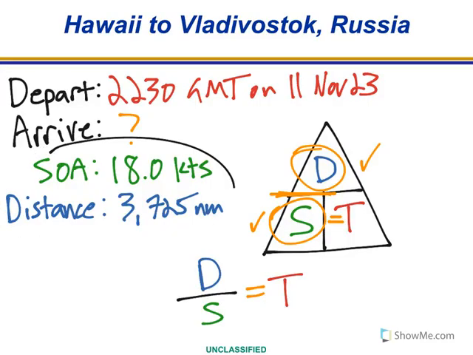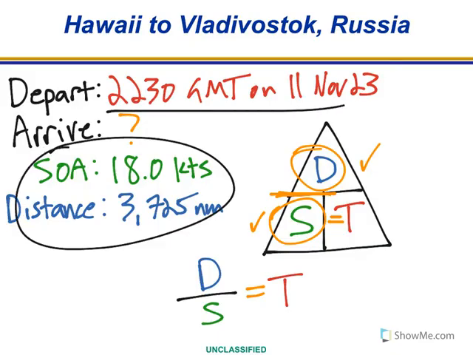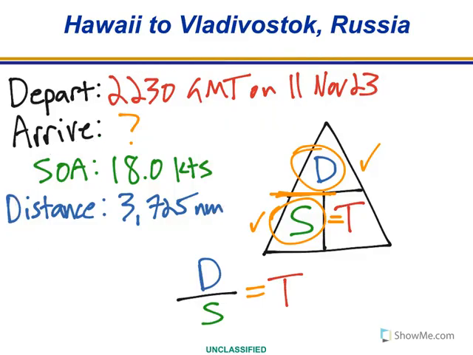The third step would be to take this transit time, add it to the time of departure in GMT to figure out what time we'll arrive in Vladivostok in GMT. And then the last step will be to convert the GMT of arrival in Vladivostok to the zone time that Vladivostok keeps. There are different ways and different orders that you can do those steps in, as long as you show your work and get the right answer.